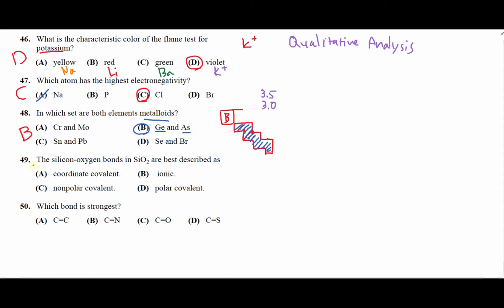Alright, number 49. The silicon-oxygen bonds in silicate or SiO2 are best described as polar covalent. Now this is a tricky one because a lot of people might relate it to carbon dioxide, because silicon is right below carbon in group 4 in the representative elements.